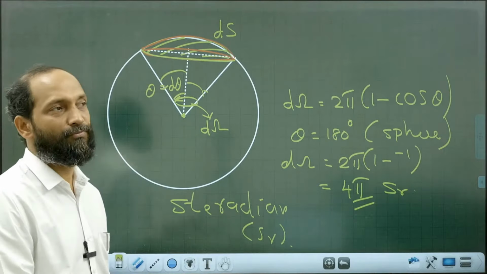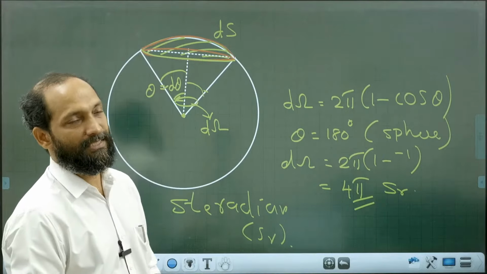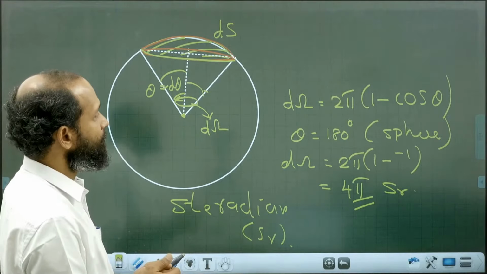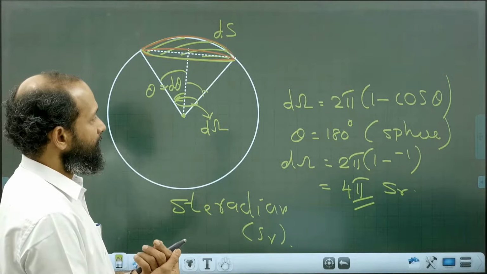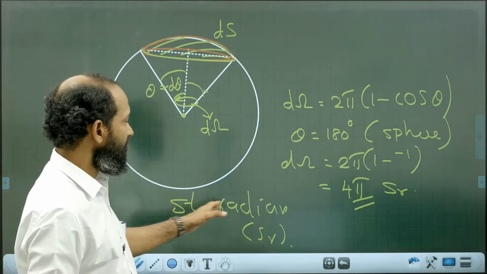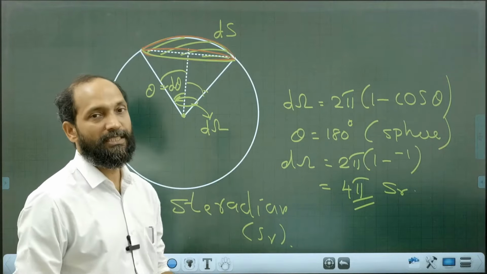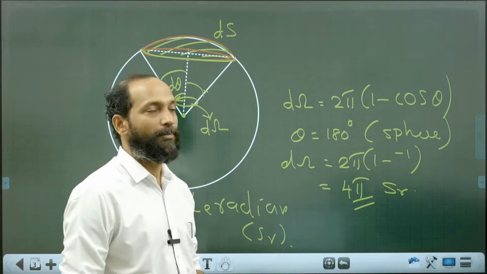What amount of light falls on a given area from a point source of light? Problems like that are asked in mains examinations. Steradian is the SI unit of solid angle. This conversion is not mentioned in the textbook, but is often asked in competitive examinations.